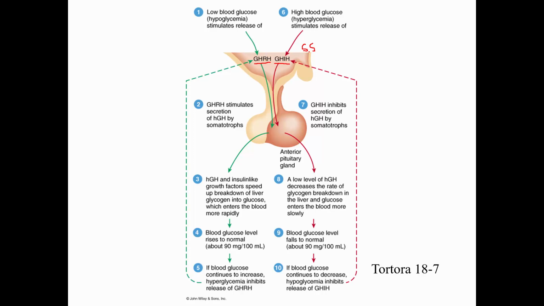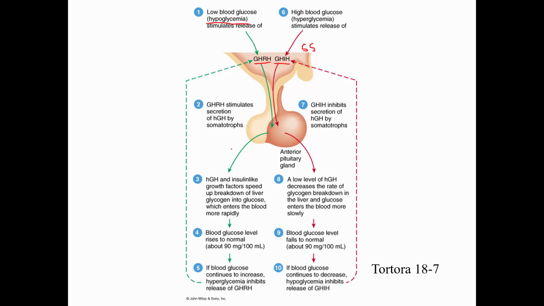Now, it turns out a major stimulus for growth hormone release is low blood sugar. So hypoglycemia causes the increase in GHRH, growth hormone releasing hormone, which is going to go down to the anterior pituitary. Anterior pituitary is then going to secrete human growth hormone.